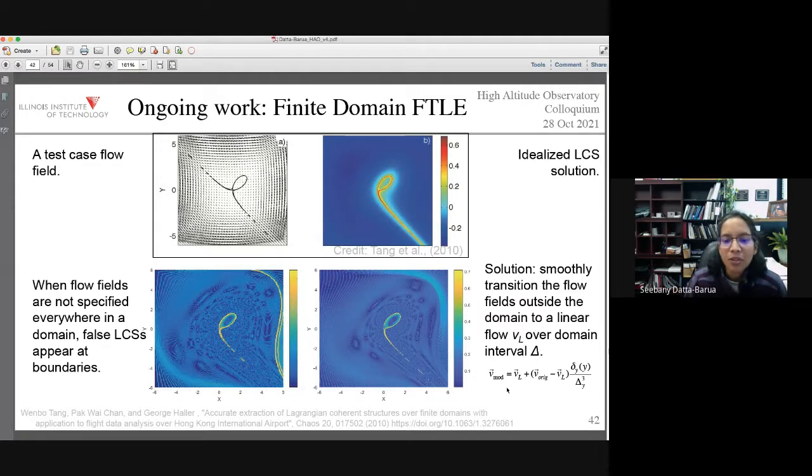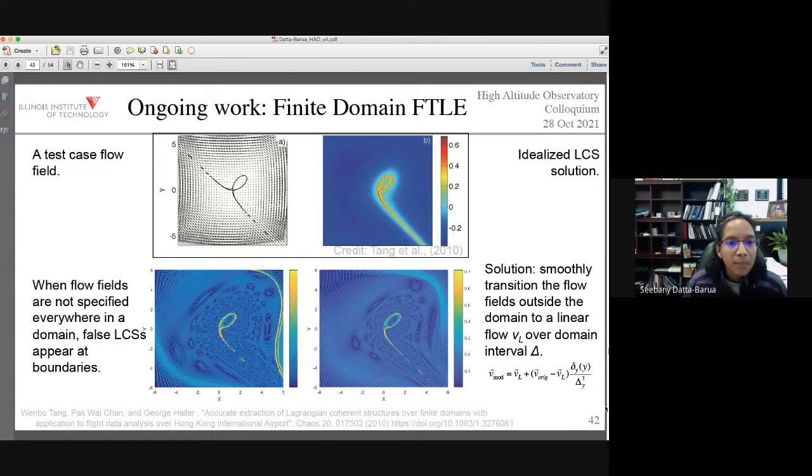And so the solution is to actually smoothly transition the flow to something that is a linear uniform flow outside of the domain where you have measurements or where your velocity is specified, because a uniform linear flow produces no LCSs.